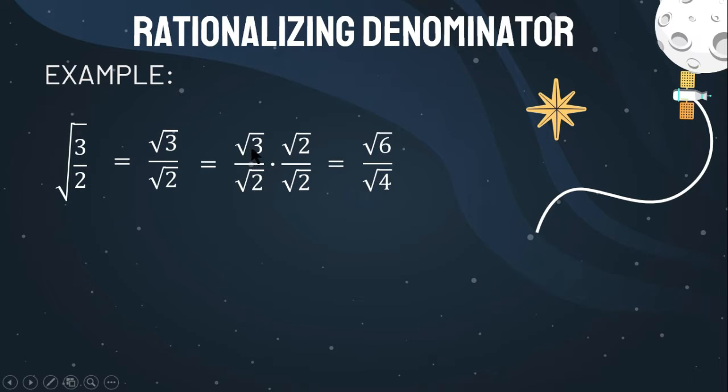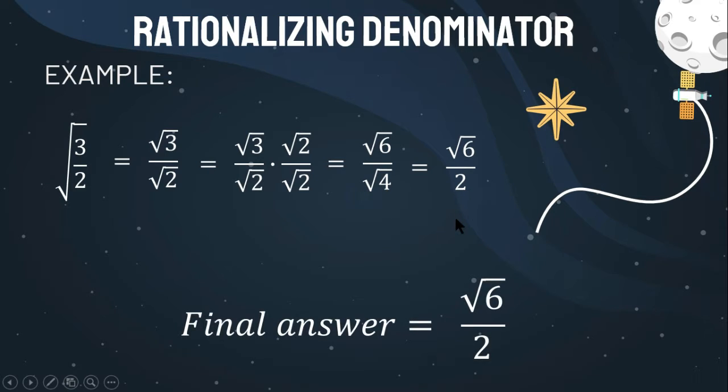And then we're going to multiply the radicand inside. So 3 times 2 will be 6, and then 2 times 2 is equal to 4. And we all know that the square root of 4 is 2. So the answer is square root of 6 over 2.